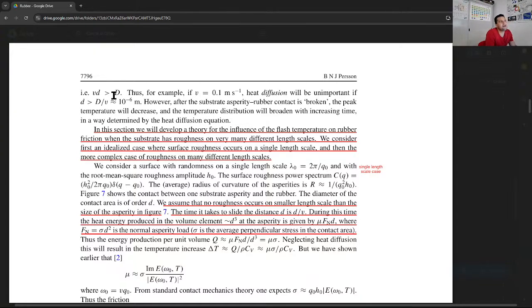Now the second assumption is d bigger than the heat diffusivity divided by the velocity. If the length of the asperity is bigger than this quotient, then probably the heat diffusion will be important.